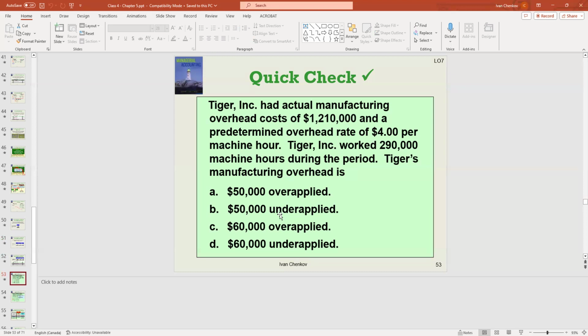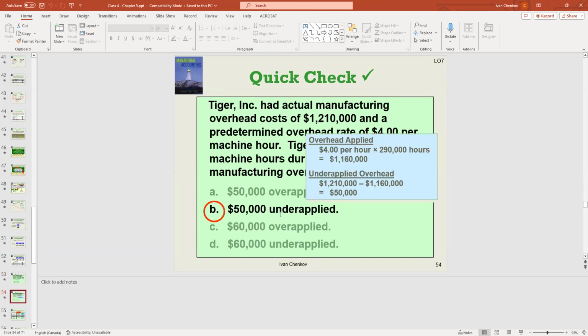Did they under apply or over apply? Under applied. How much? $50,000. Can everybody see $50,000 as an answer? Yep. Yes. Okay, great.